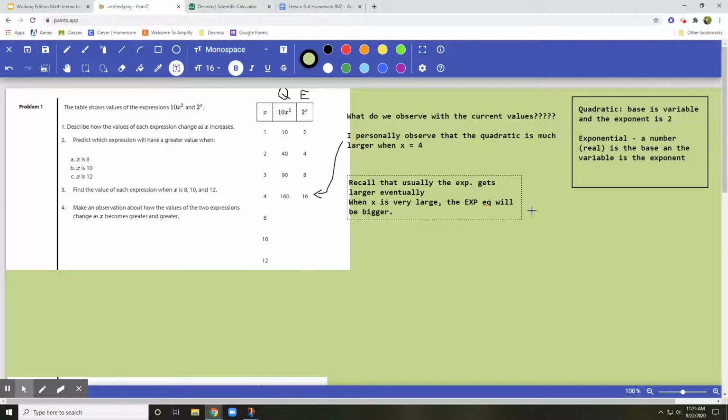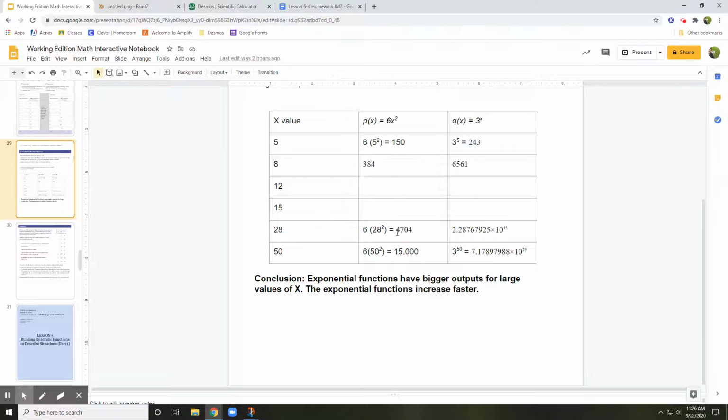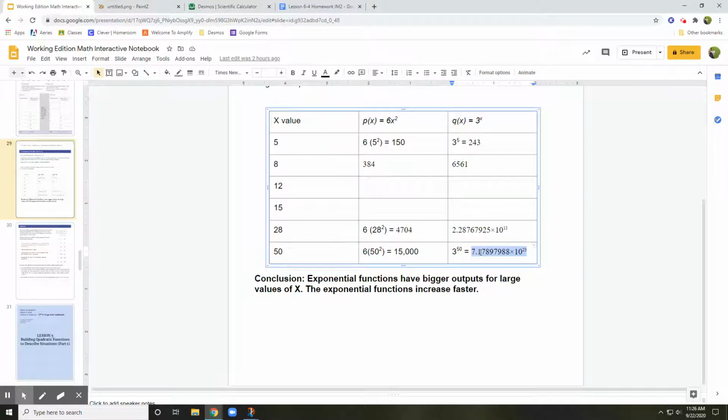We saw that, if you recall, in your notebook, when the quadratic function got to 1,500 when x was 50, enough to buy a really nice pair of shoes, whereas the exponential function got to like the number of grains of sand on Earth.